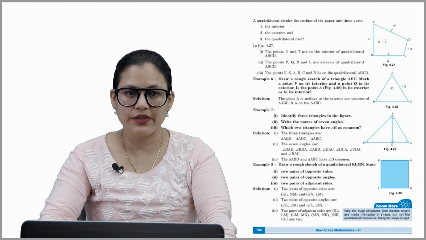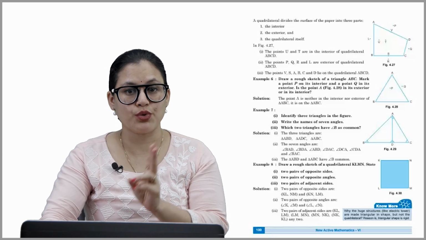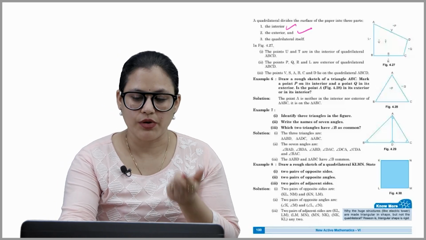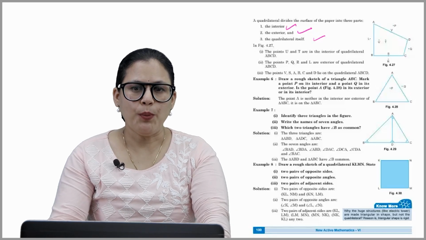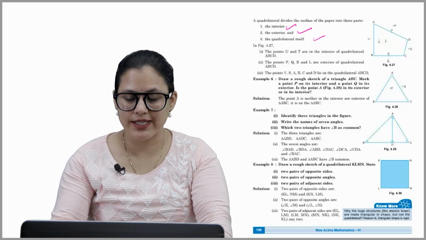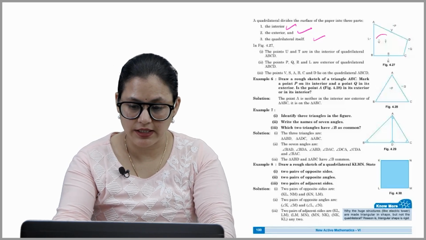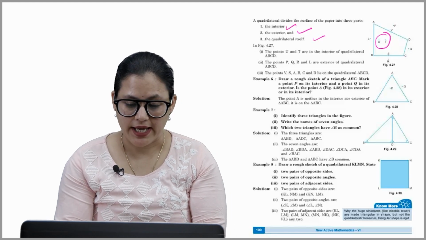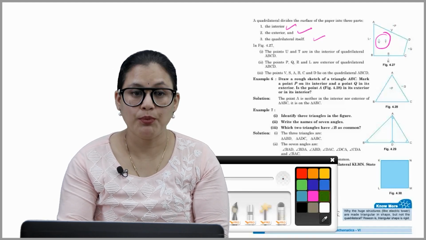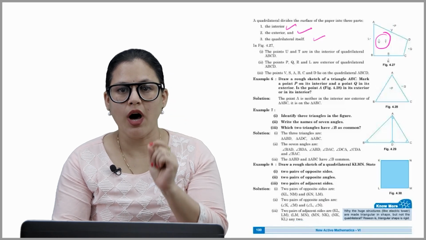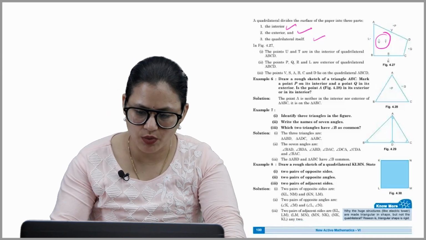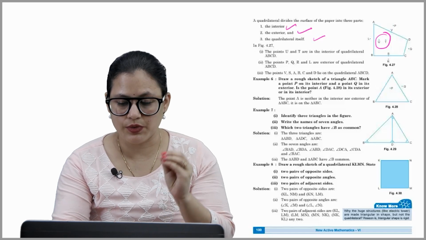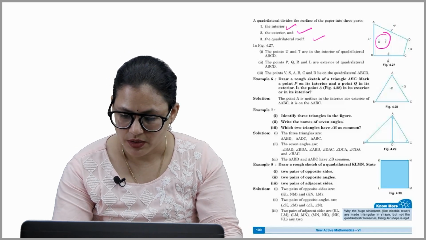A quadrilateral divides the surface of the paper into 3 parts, that is the interior, the exterior and the quadrilateral itself. In figure 4.27, the points U and T are in the interior of quadrilateral ABCD, okay. Next, the points P, Q, R, L, these are the exterior of quadrilateral ABCD, okay.